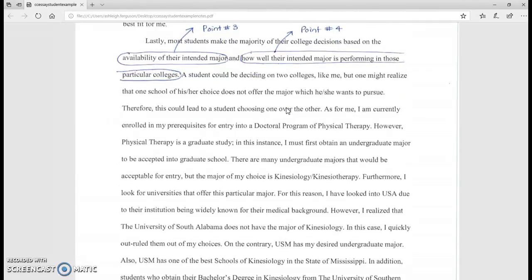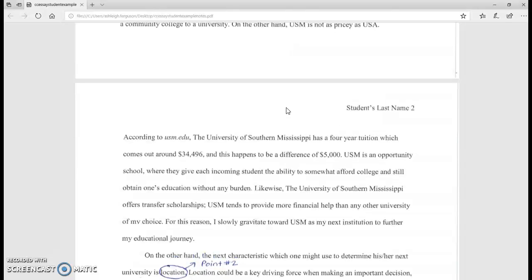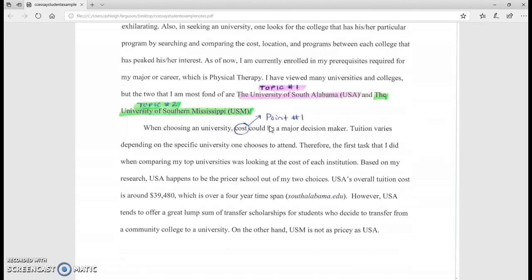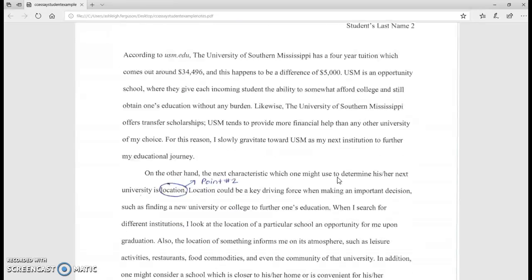Now, his particular essay, it does use a structure that is called point by point, and we're going to be talking about your different structural options. But I want you to read through this as an example, and you're going to notice very quickly that he's consistent. He discusses the University of South Alabama first in every paragraph. Like USA is first in the second paragraph.